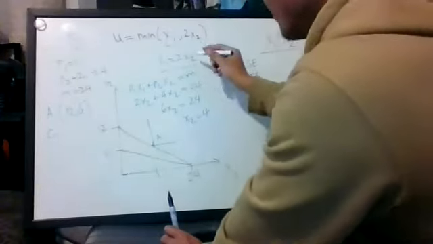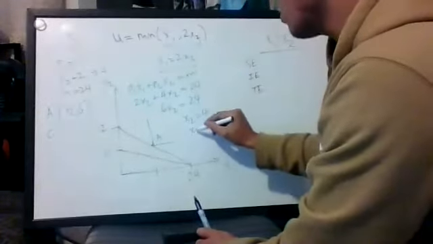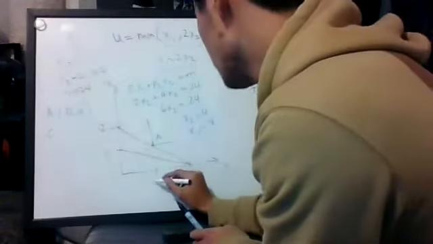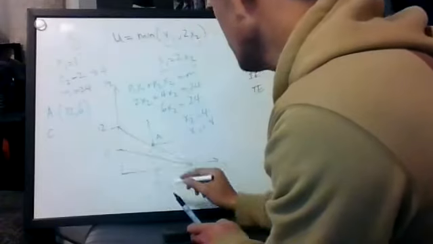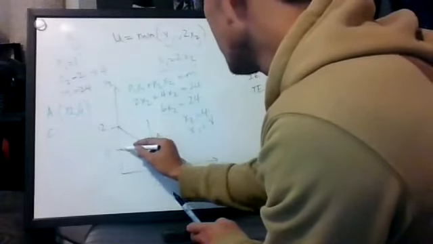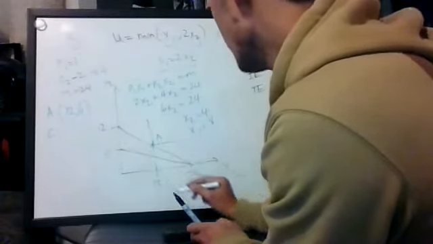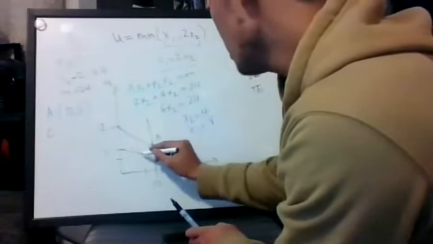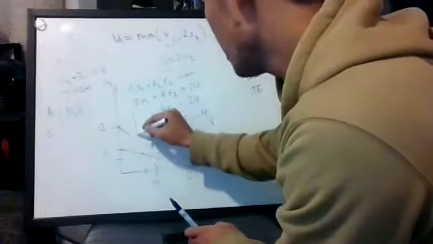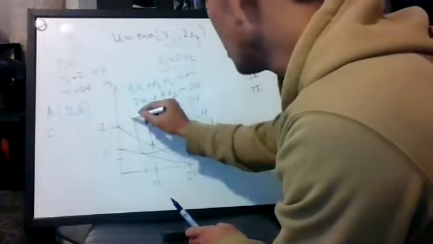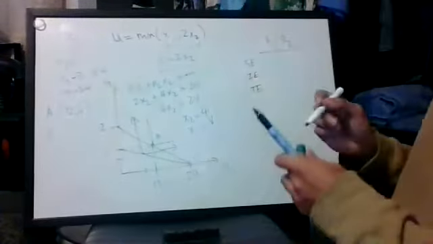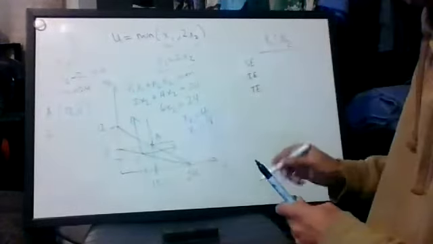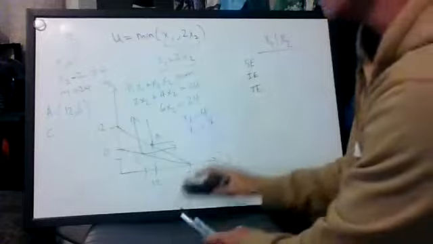And when x2 is equal to 4, that means that x1 is equal to 8. So this was 12, 6, and this is now going to be 8, 4, which will be right here. And so we now have what A to C is.